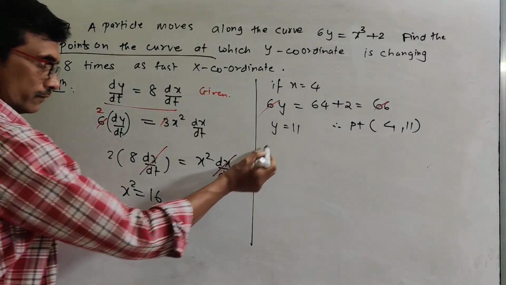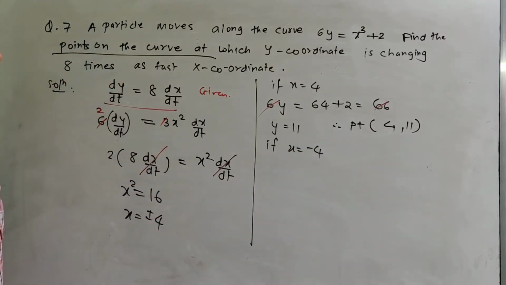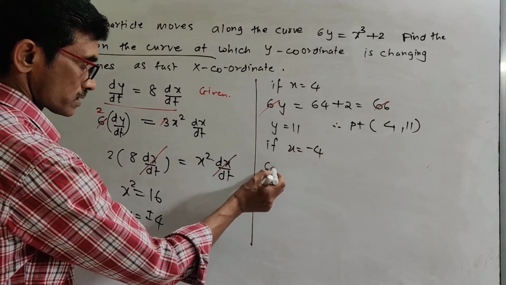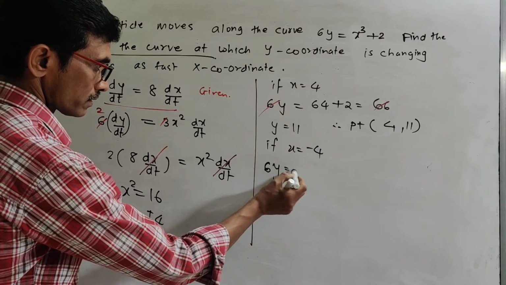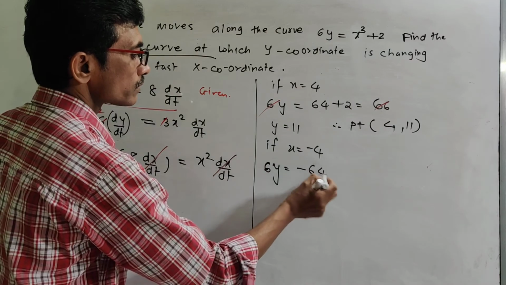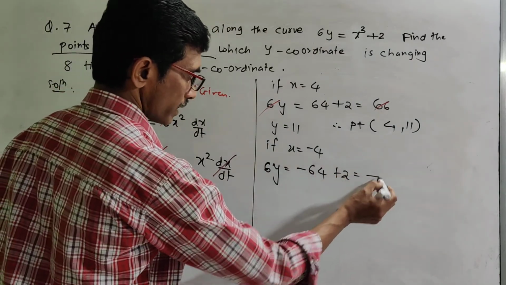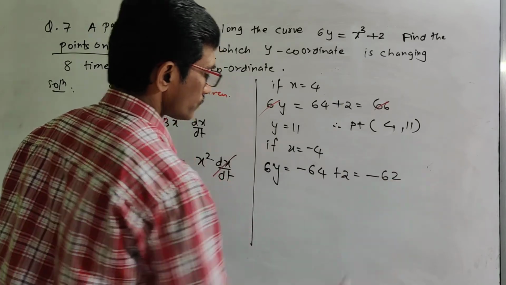Second, if x is equal to minus 4, here we put minus 4, then 6y is minus 4 cube, that is minus 64, plus 2, which is minus 62.